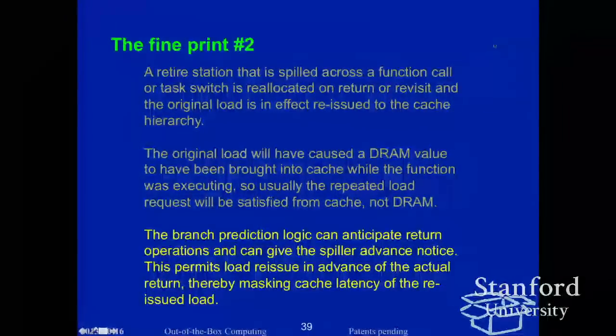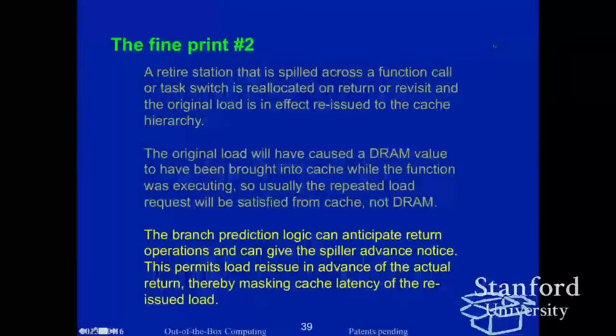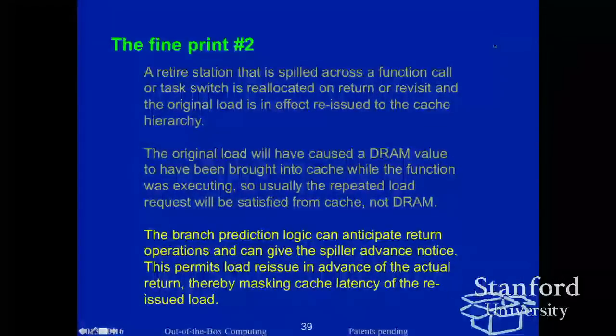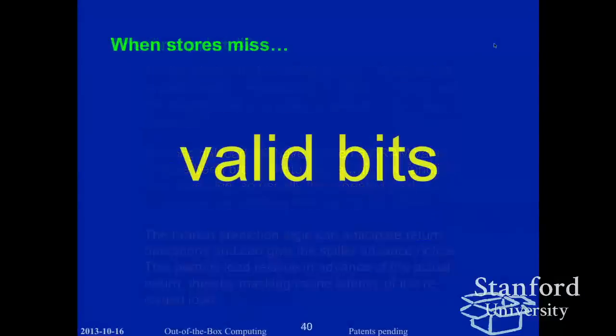And in fact, branch prediction logic can anticipate that a return is going to happen and get the reissued requests started ahead even before the return happens. The branch predictor may be wrong, but that doesn't matter because we're just going to toss away the reissues anyway. So much for loads.